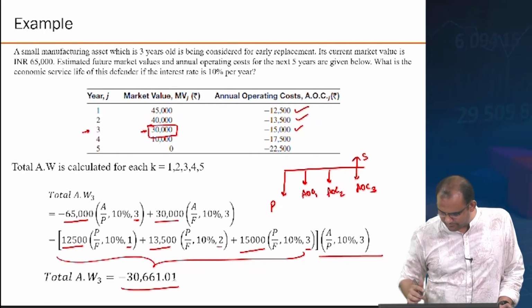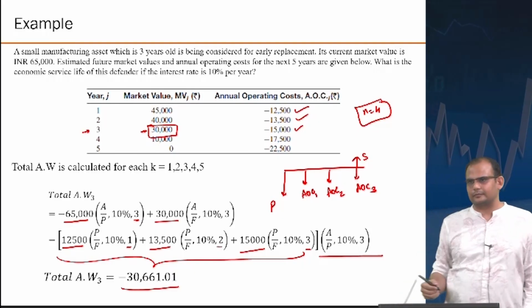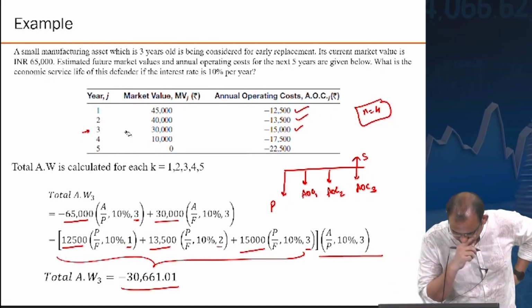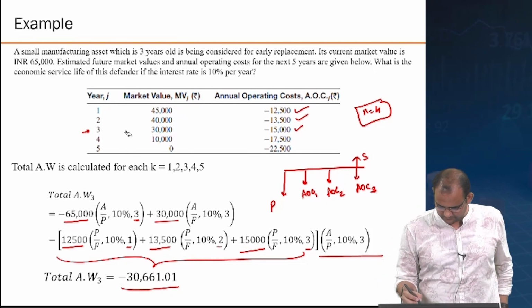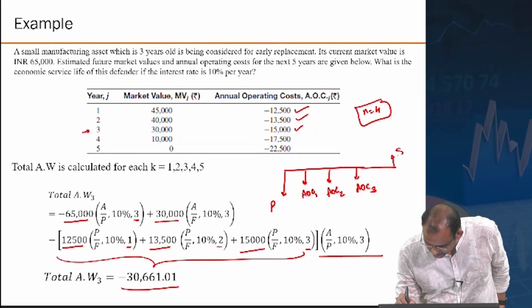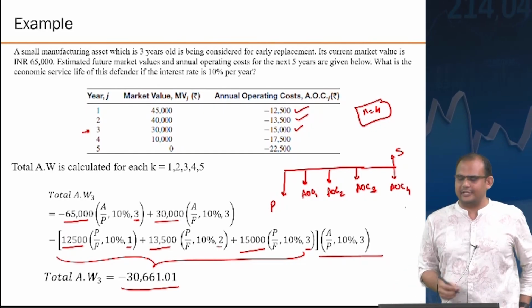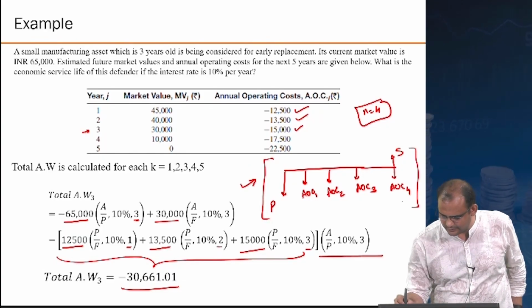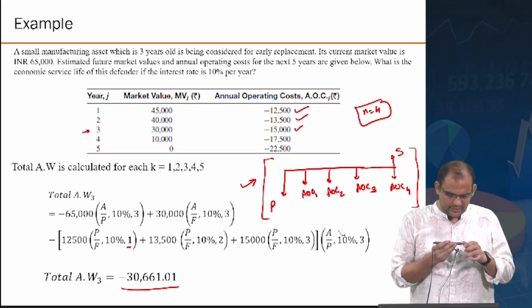Can you do n equals 4? Okay, do the calculation for 4 years. You are essentially solving for this cash flow series. What is the first cost of the Defender?